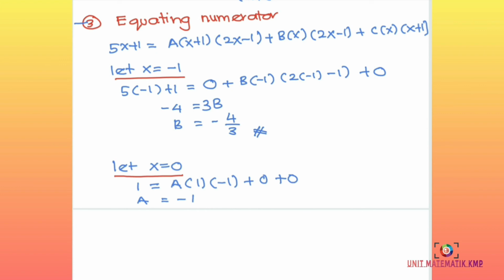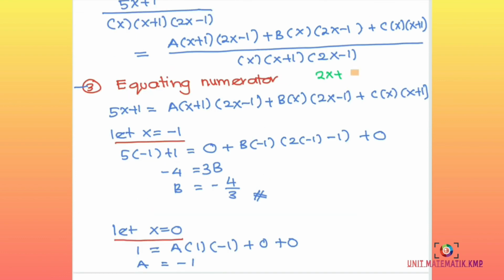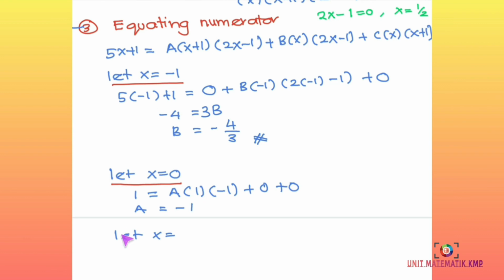Okay, let's proceed to find the value of C. To find the value of C, we can make the A and B terms 0. To make them 0, we need to substitute x is 1 over 2, since 2x minus 1 is 0 there. Let x is equal to 1 over 2, and substitute into the equation of numerator.